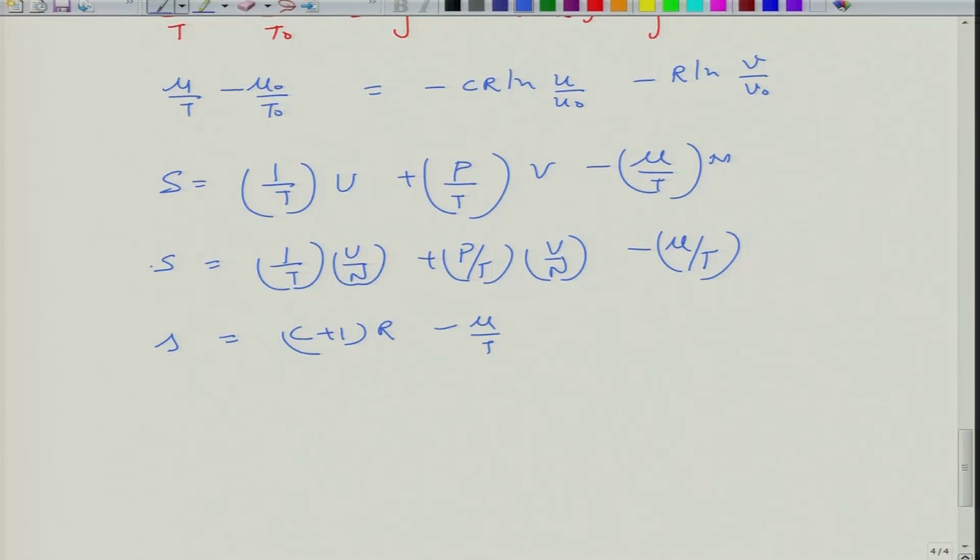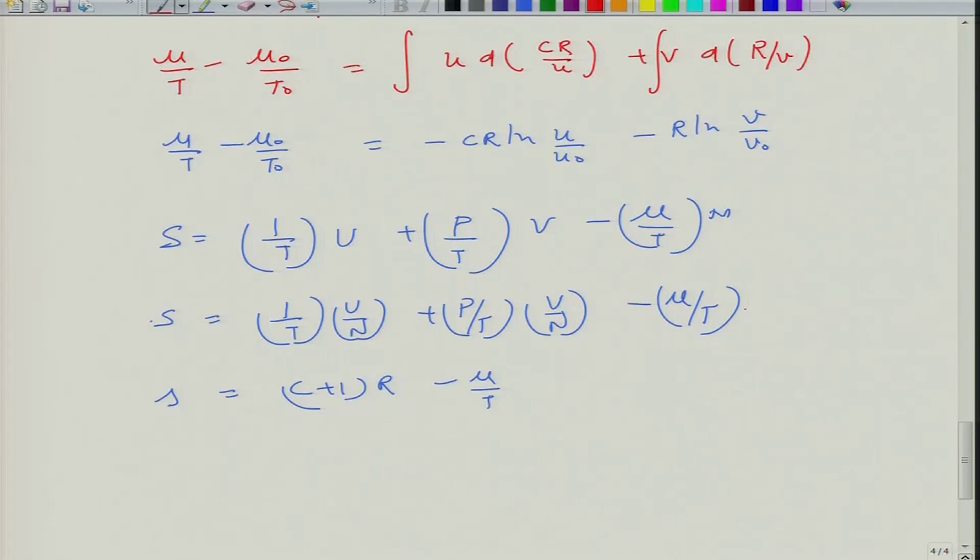So, now you look at this expression. Let us say this is your equation 5, this is your equation 6. Okay. Now, if you look at these two expressions, because C is a constant, R is a constant, and if you consider s minus s0, some reference, then this is going to be mu0/T0 minus mu/T, because the constant is going to cancel out.